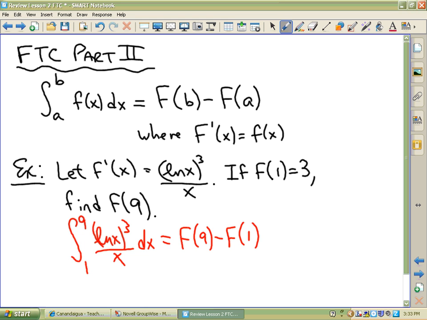And since I already know capital F at 1, I'm in good shape, because the machine will give this to me. The machine will figure that out. So once I get that out of a machine, I just add f of 1 and I'm done.